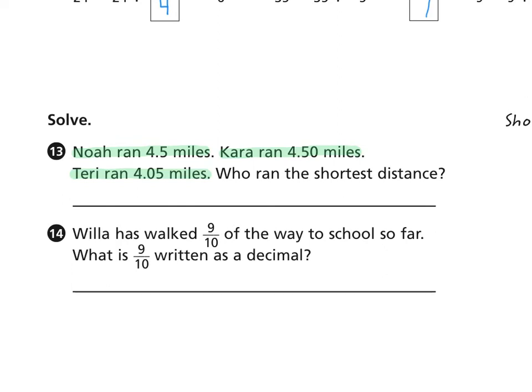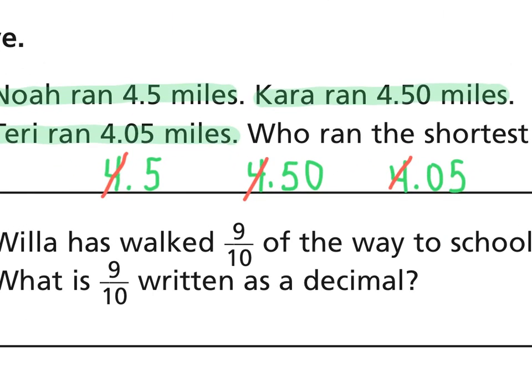When I'm comparing decimals, I'm going to write all my decimals out on the line. And I'm going to start from the left and cross out my numbers. So starting on the far left, I'm looking at my whole numbers. I see that 4, 4, and 4 are all the same. Now let's zoom in and look carefully at the tenths place. I see 5, 5, and 0.